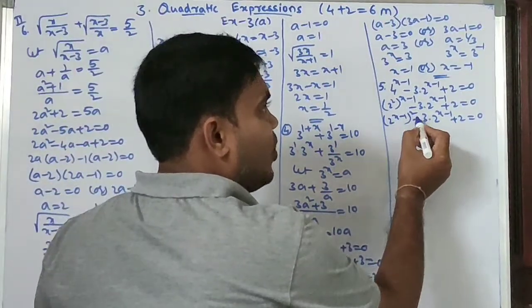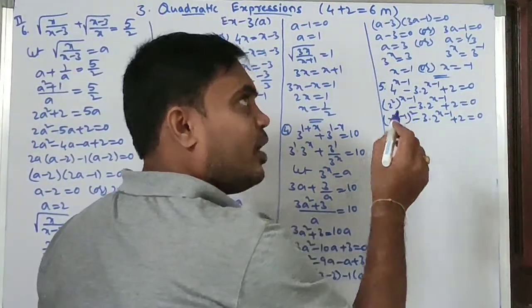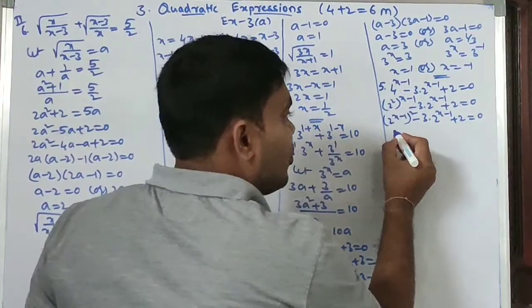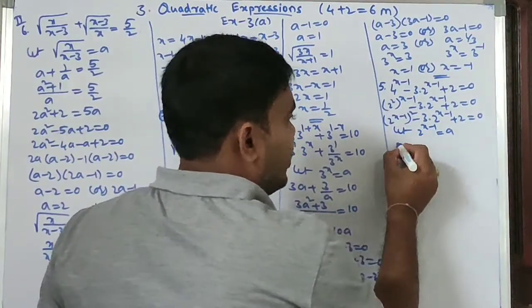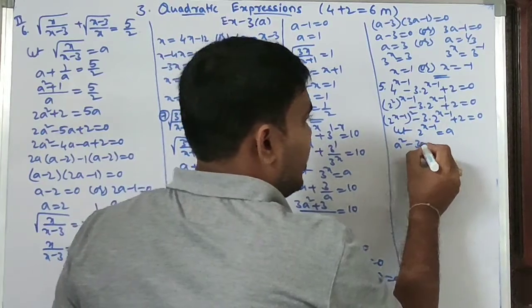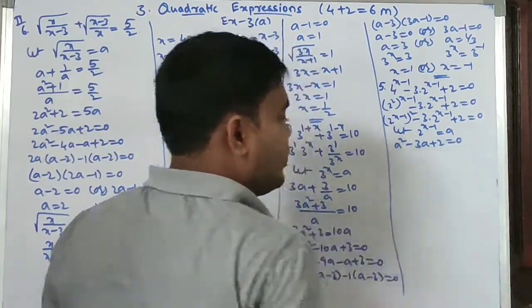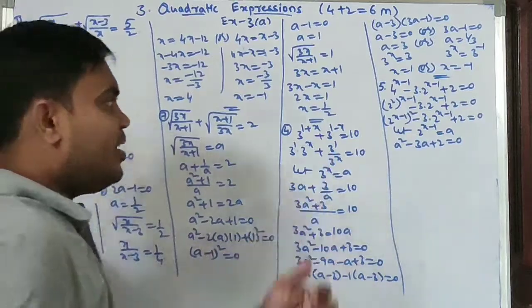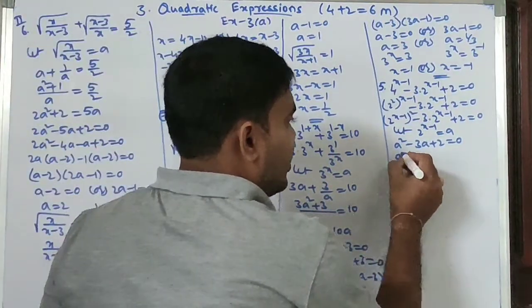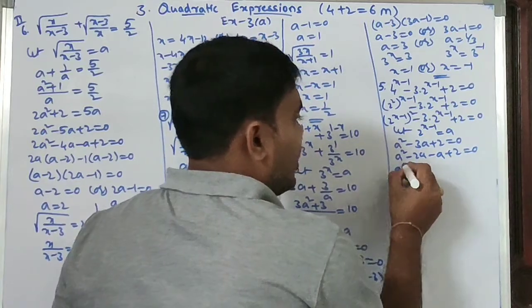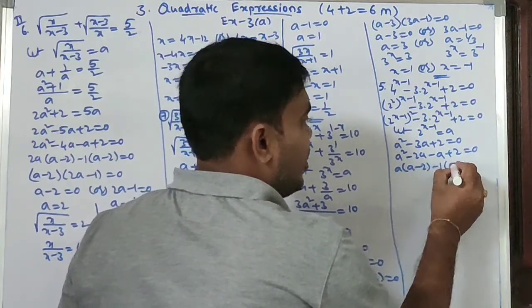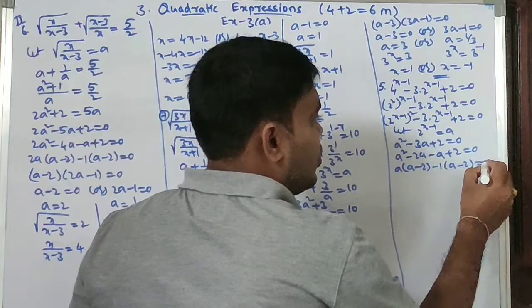A power m whole power n equal to a power mn equal to a power n whole power m. So let 2 power x minus 1 equal to a: a square minus 3a plus 2 equal to 0. Factorizing this, a square minus 2a minus a plus 2 equal to 0, a common, (a minus 2), minus 1 common, (a minus 2) equal to 0.